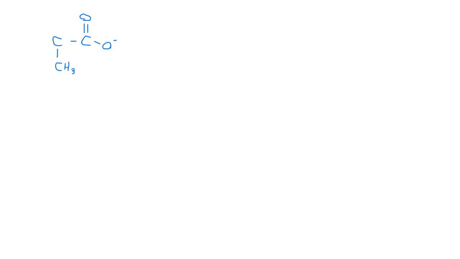So this is just going to be a very simple amino acid, R group CH3. And for those of you who are wondering, that makes it alanine. So I got alanine here, and I have nitrogen, NH3 with a plus charge here.